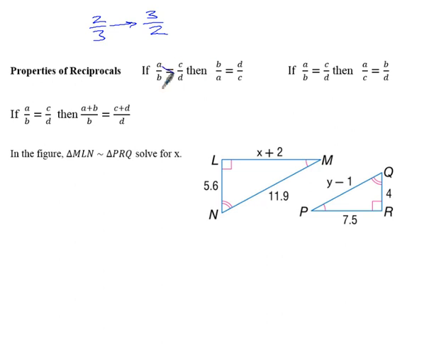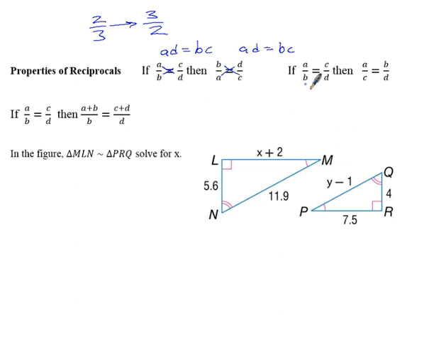If I cross multiply, I get AD equals BC, and if I cross multiply here, I still get AD equals BC. So it doesn't matter if I flip the fractions around, I'll still get the same products.